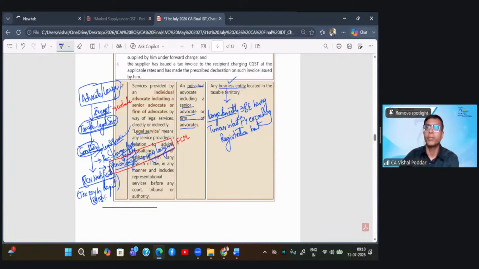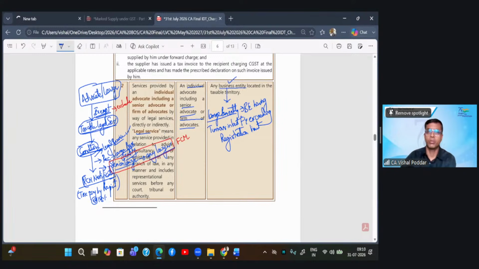So interestingly, becoming a senior advocate is not in your hands. Yes, you have completed some minimum years of service as a lawyer. Service means your profession. But besides that, the most important and interesting condition is it is the court, either the High Court or the Supreme Court, that will decide whether you should be given the status of senior advocate. So only when they designate you as a senior advocate, you will be called a senior advocate.